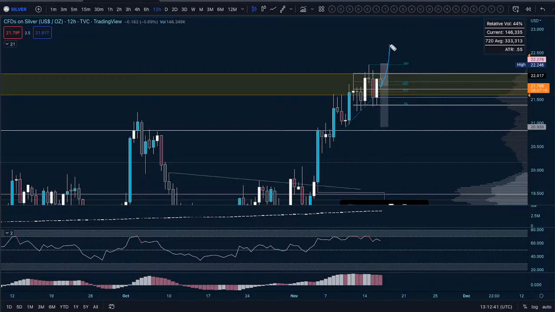It can do that, hold, continue the rally. It can just take me out, then give me the pullback, which would also happen. But since we had this already three drives up, I think this is less likely, but still possible. Or it's just gonna nuke from here. That's it.